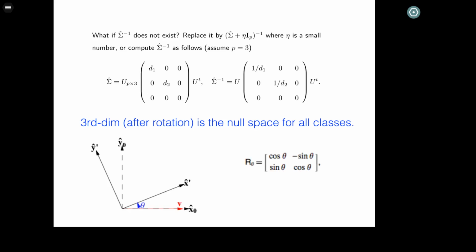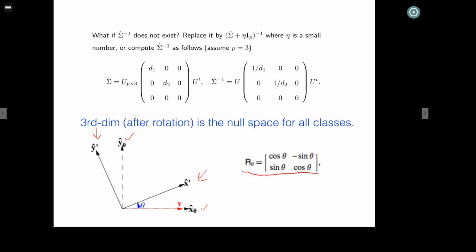For example, the original coordinate is x0, y0. Then we can just do a rotation, changing to an x prime and y prime. That rotation can be accomplished by just multiplying every 2-dimensional vector by this rotation matrix R.